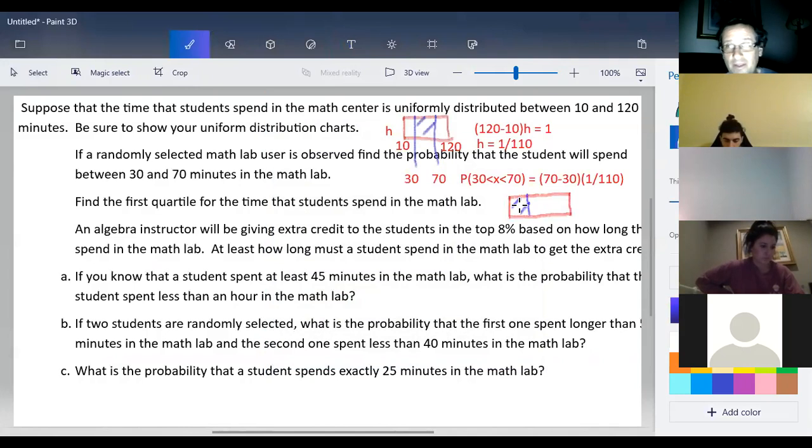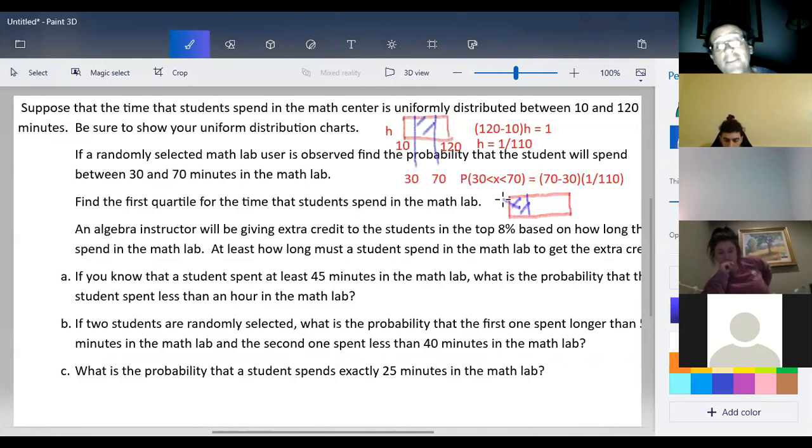Any thoughts? Quarter. Yeah, that's what it is, but what out in the picture? I know what you mean. It's the area. It's the area of this rectangle.